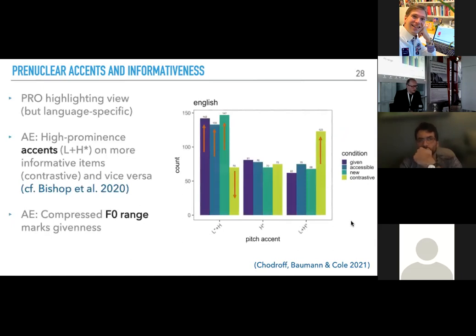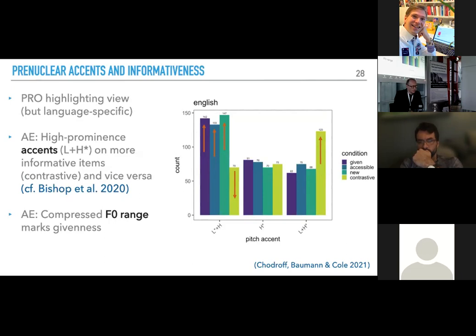Some results are in favor of the highlighting view, but are more language specific. In American English, we found a larger number of high prominence accents, that is low plus high star, on more informative items, that is contrastive topics, and vice versa. So the non-contrastive items get the lower prominence accents.